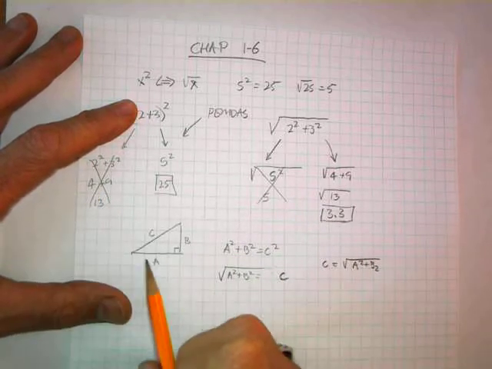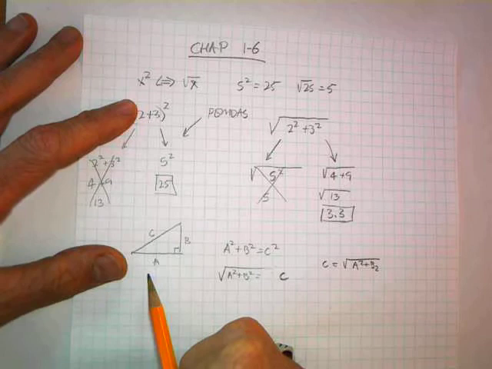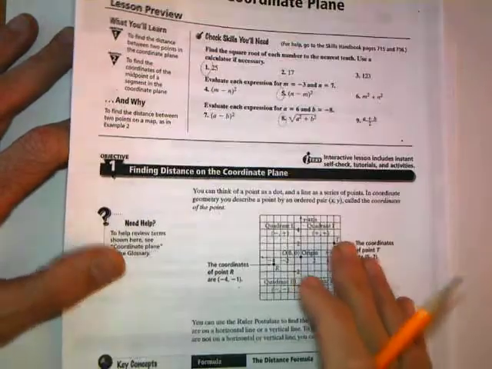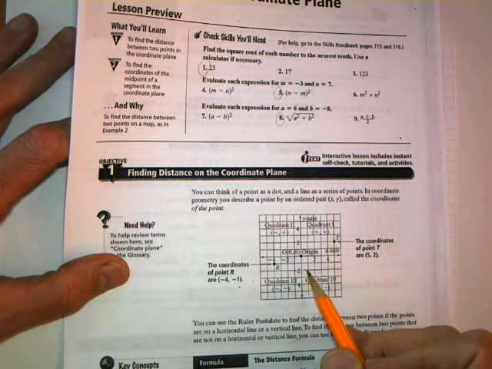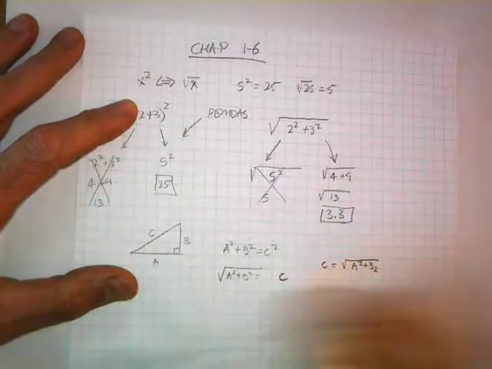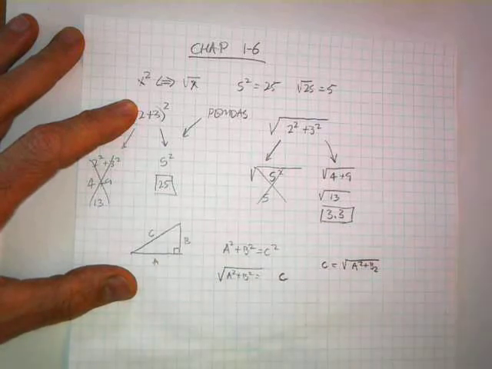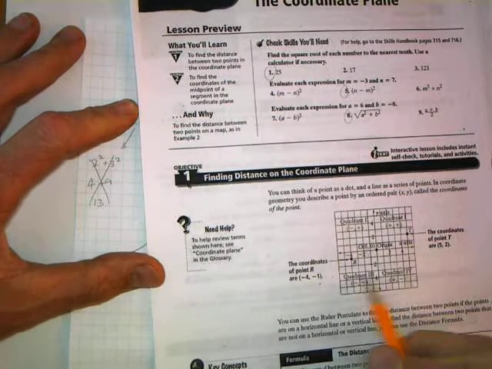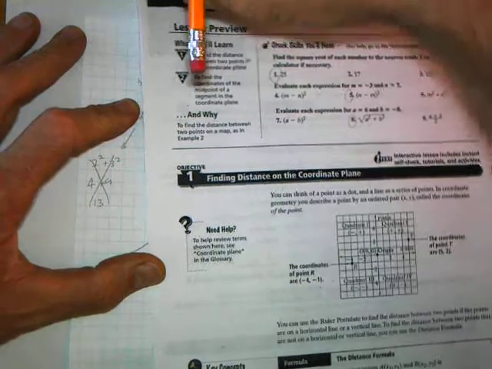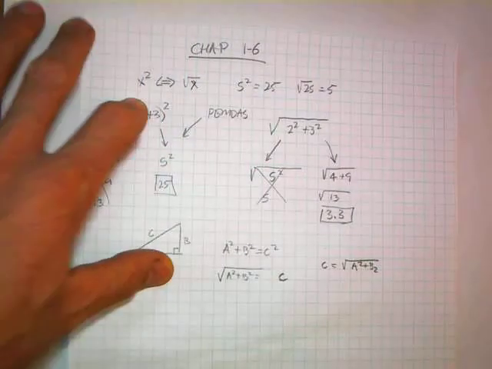For this problem, it's understanding the coordinate plane, and it gives you these lines, but instead of showing you the line and the length of it, it gives you the coordinates, and you have to figure out how long the line is. That's the kicker, okay?